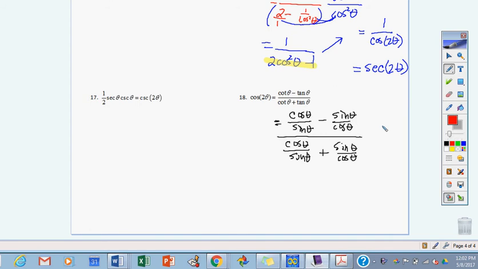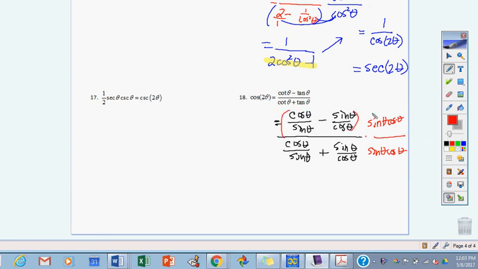If you've been watching the earlier parts of this video, I want to multiply by a common denominator. Well, my common denominator this time is actually sine theta cosine theta. So I'm going to multiply the top by sine theta cosine theta, and then the bottom by the exact same thing. Don't forget, this is mathematically legal because we're really multiplying by 1 here.